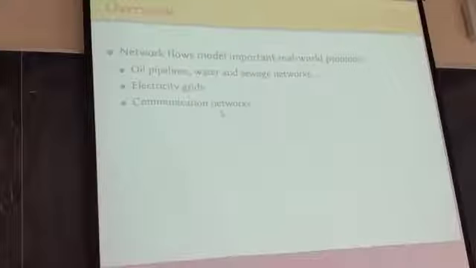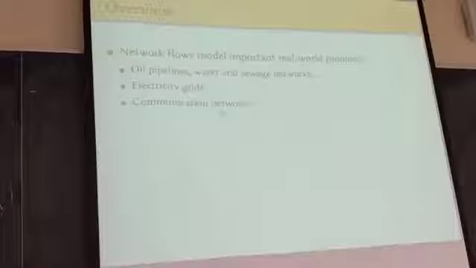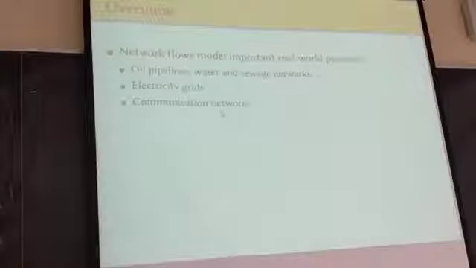Then we go on to the next optimization problem, which you can think of as a special case of linear programming, except that this special case is quite important and it can be solved more efficiently than linear programming. The basic problem is that you have some kind of network and you want to maximize what you can send through it. The problem that we tried to model with the network in the linear programming unit was one that maximizes profit.